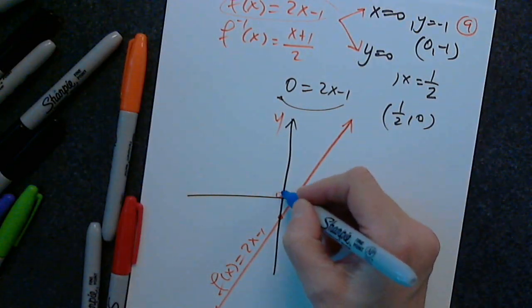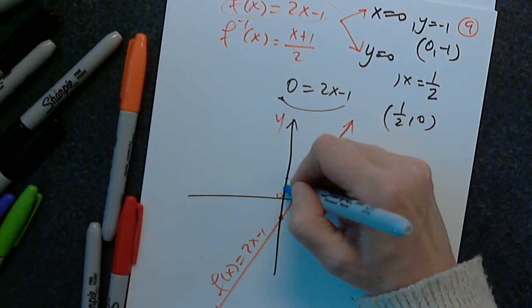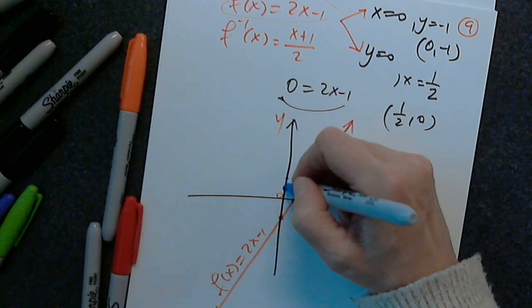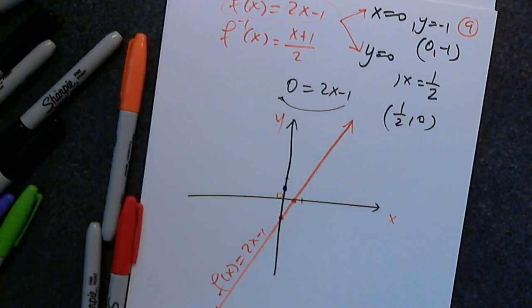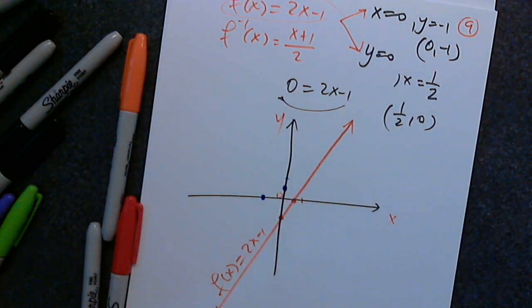Excellent. So the reverse, the opposite, I should say, is this. Excellent. I need one more. Negative 1 over 2, 0. Excellent. That is this one, opposite to that.